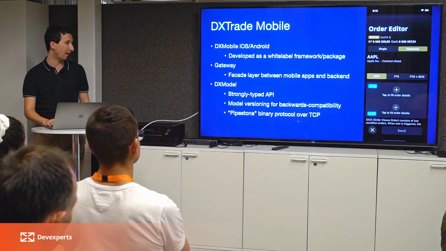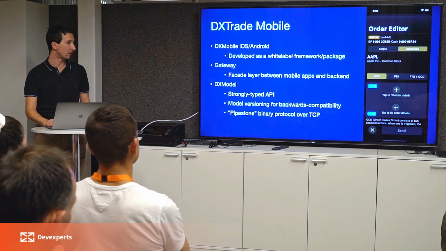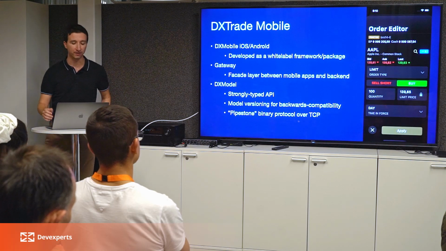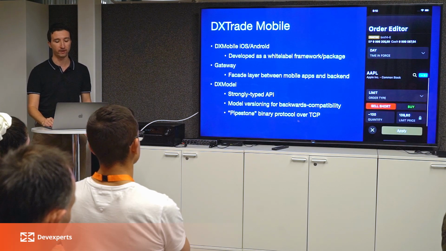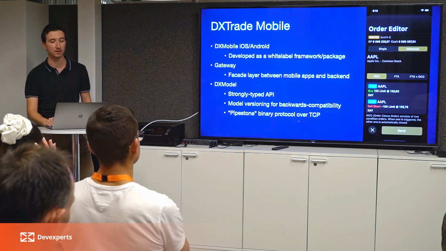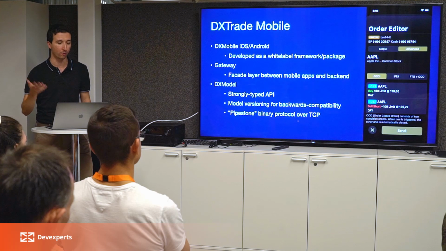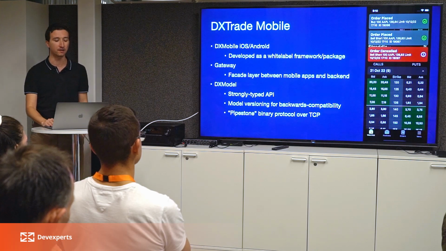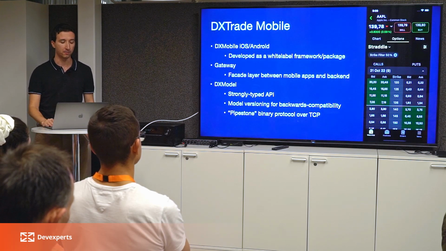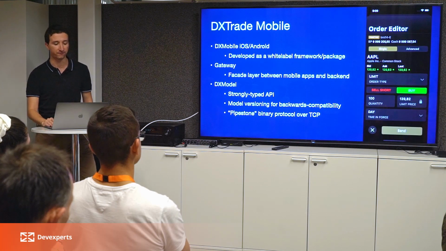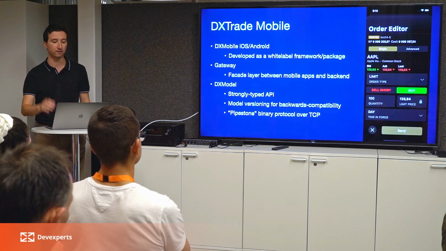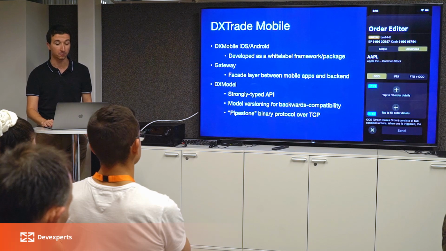So Pipestone takes care of that, and this is a custom protocol that we have built, which works over TCP, but it also supports things such as TLS encryption and other features that you would find in a regular REST API over HTTP.